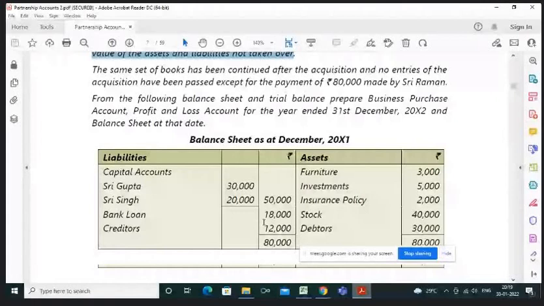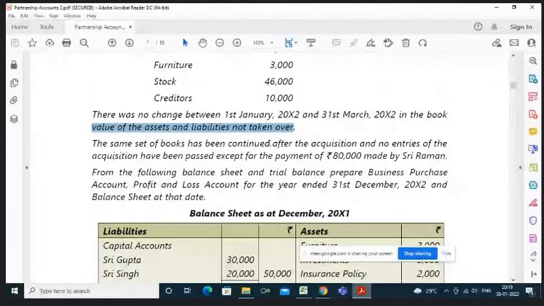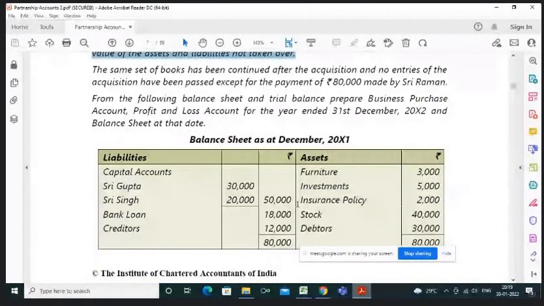From this information, we will be able to construct the balance sheet as on 31st March 2012. What they say is, in the value of assets and liabilities not taken over, there is no change between these numbers and the 31st March numbers.